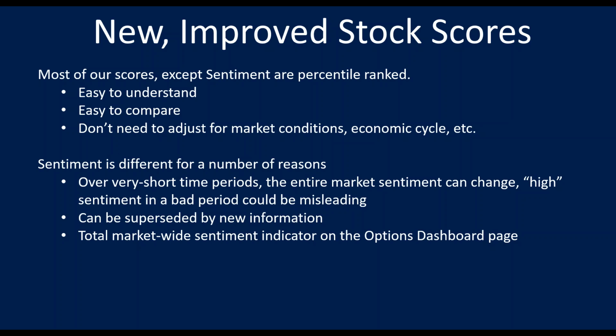We did that because it's pretty easy to understand. It's also pretty easy to compare. You can look and say, okay, this stock is good on this metric and bad on this metric, as opposed to having things that don't line up at all. It also means you don't need to adjust for market conditions or economic cycle, like with some other indicators.